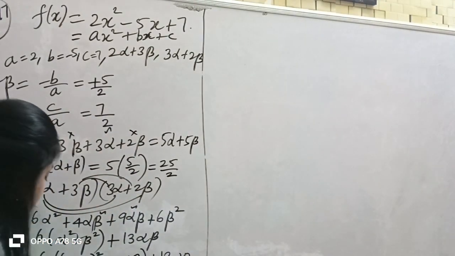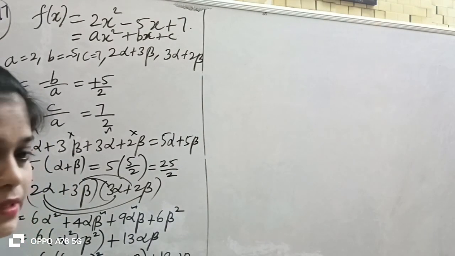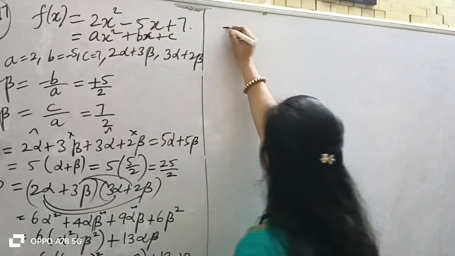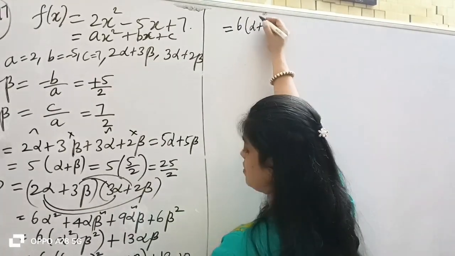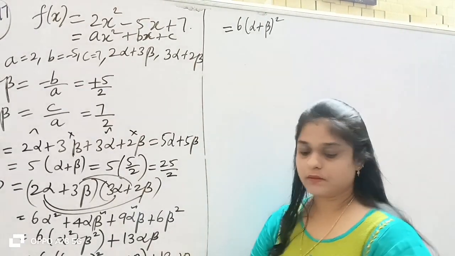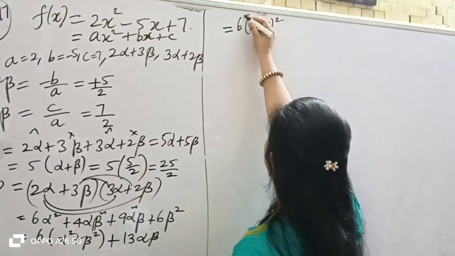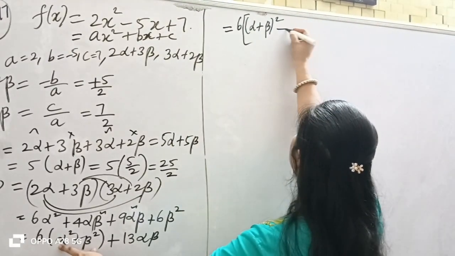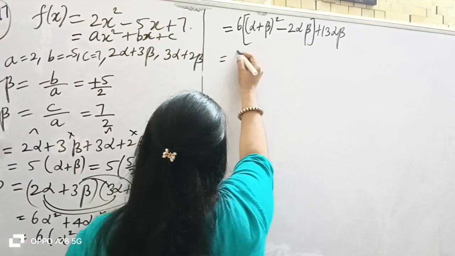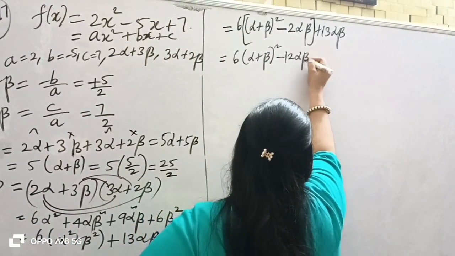So now 6 into alpha plus beta the whole square minus 2 alpha beta, and I am multiplying 6 inside. So 6 into alpha plus beta the whole square, and 6 into 2 is 12, minus 12 alpha beta plus 13 alpha beta.